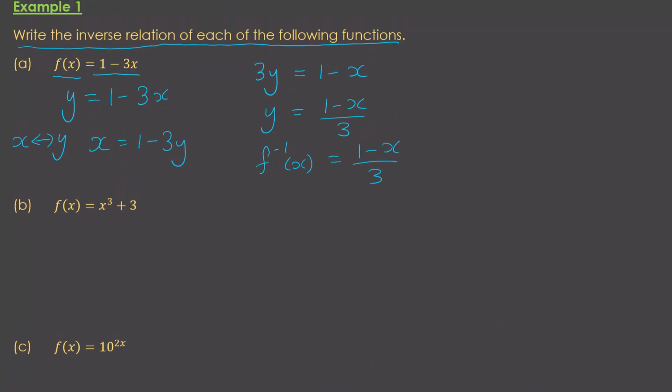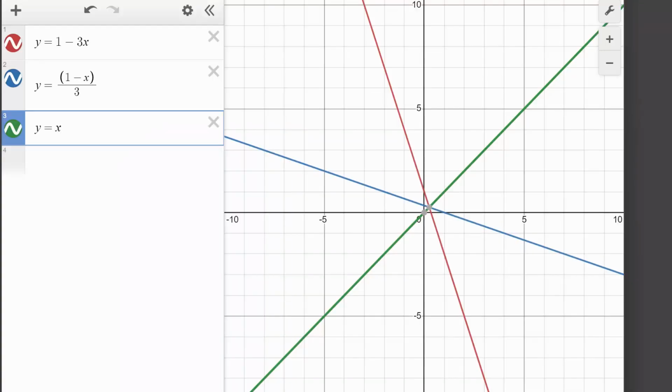So for this first one, I have done the graph on Desmos. The red is the original function. The blue is the inverse function, and the green line is y equals x.